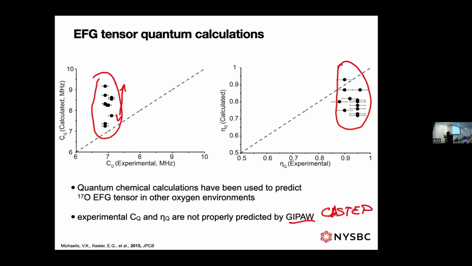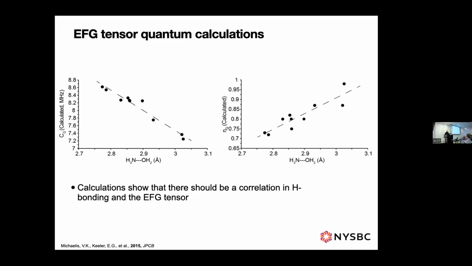But the thought is that the variation we're seeing is not due to local changes in the water itself, but to secondary structural differences, what we would expect to be hydrogen bonding networks in these different crystals. So look at that, analogous to the deuterium literature, where they like to fit hydrogen bond metrics to the quadrupole coupling.